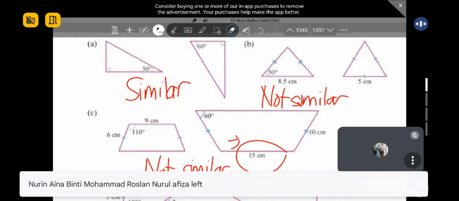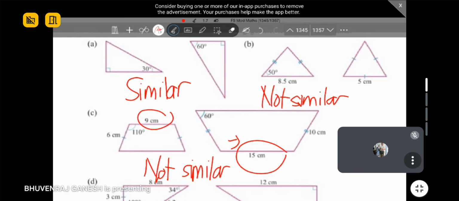Okay, so if you check this one, this one over here. Okay, kalau kamu tengok, let me see, 9. Okay, so sudut ni dia sama dengan yang ni.